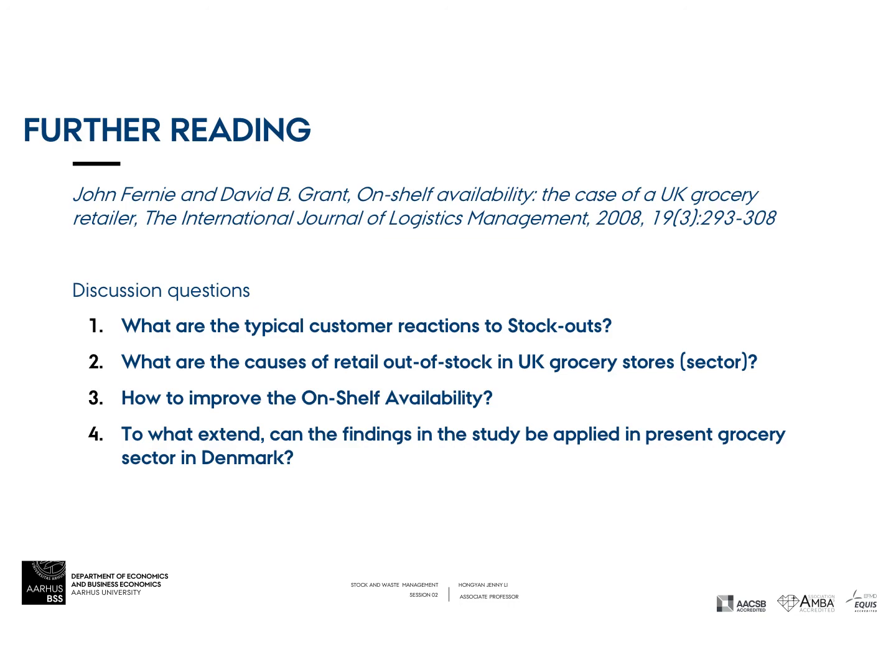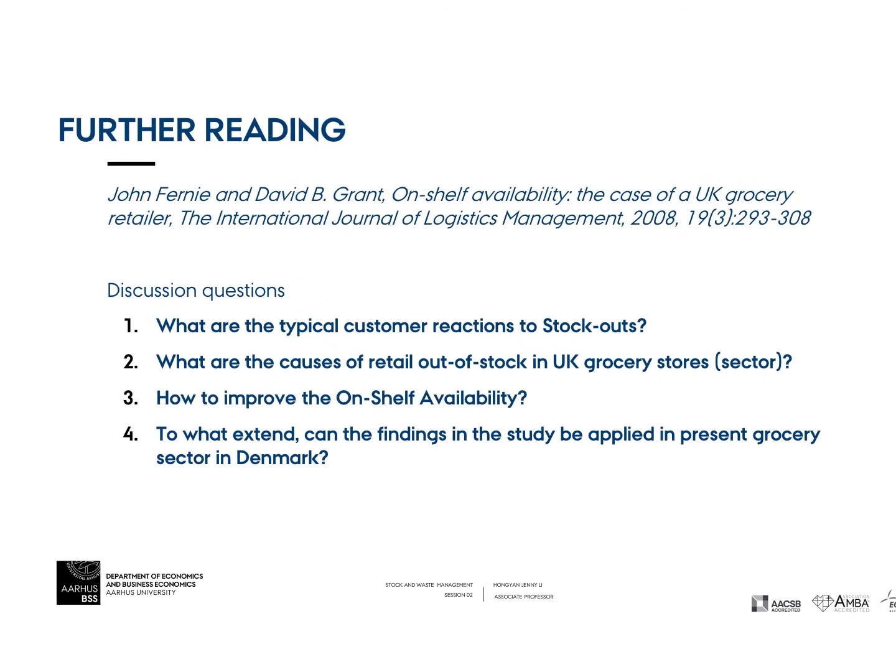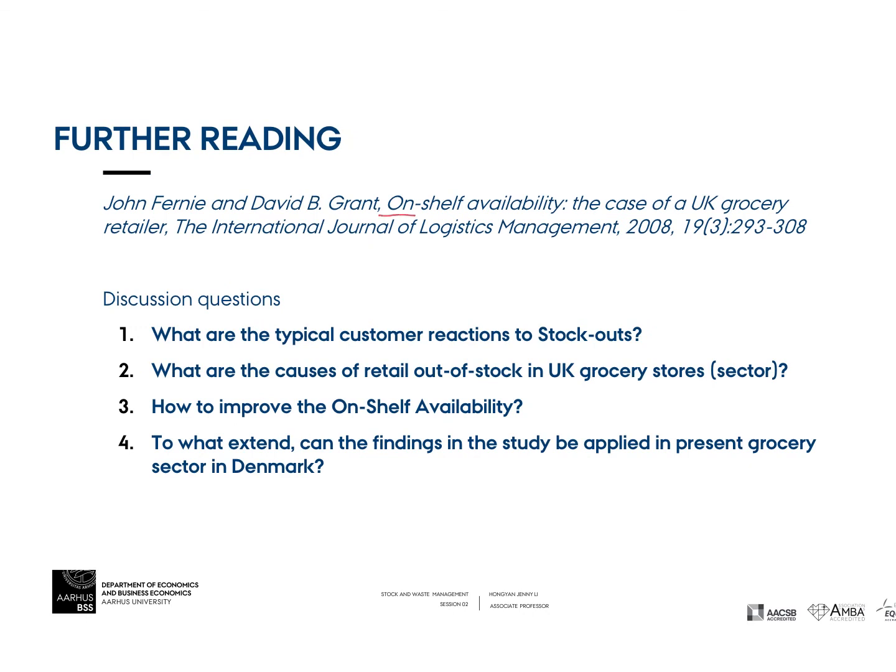We call it on-shelf availability. On-shelf availability is a question about how to optimize the allocation of shelf space to your items. If you're interested, you can also look into this article, and there are some discussion questions you can try to find answers or comments for.